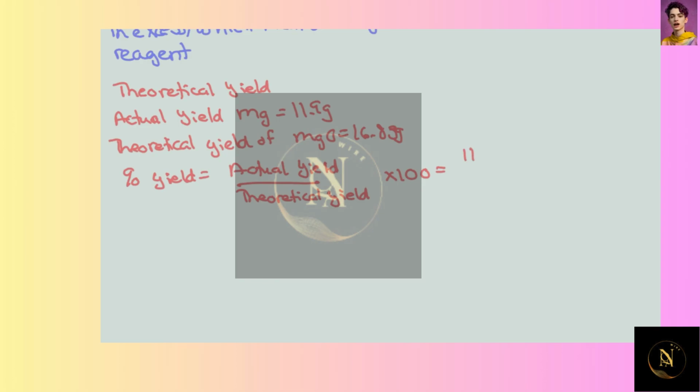Using substitution, I get 11.9 grams divided by 16.83 grams, and I get 0.707. Times 100, which gives me 70.7%. The percent yield for the reaction is 70.7%.